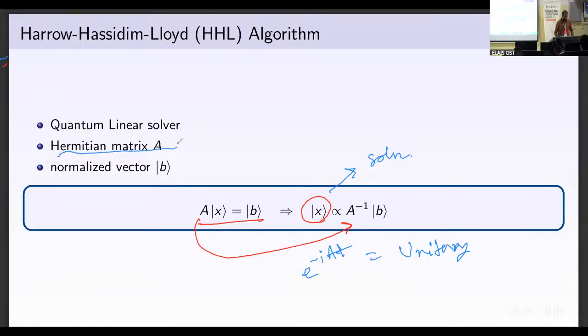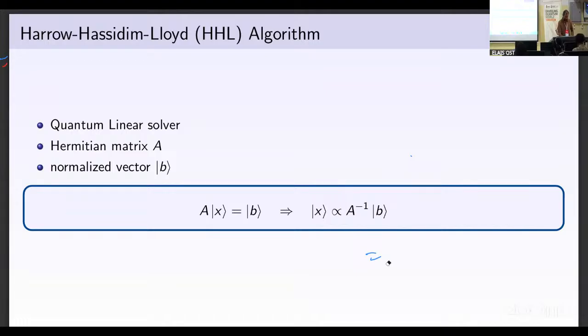But even if the matrix A is not Hermitian, there are ways to get around this kind of rigid condition. And normalization of the vector b is also not a very rigid condition. You can normalize any vector anyway. You'll just have a norm factor on the vector every time.